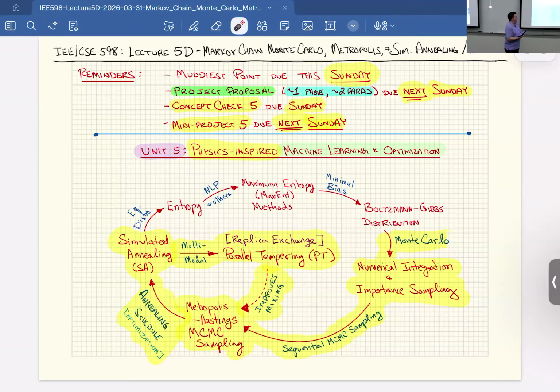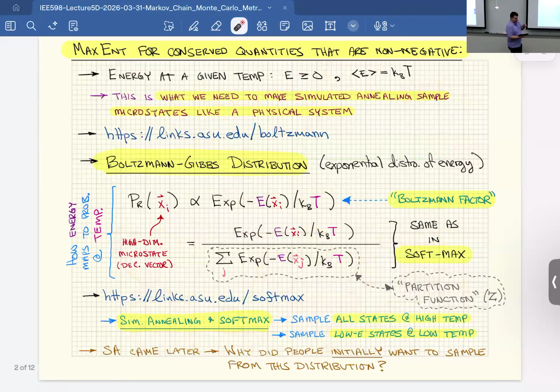All right, so we're going to wrap up this unit here. We're going to finally culminate in simulated annealing and its sort of now younger sibling, parallel tempering. So last time we talked about that there is a process, a maximum entropy process that is used across machine learning and data science and in modeling that allows you to take constraints and then say what is the maximum entropy distribution subject to these constraints.